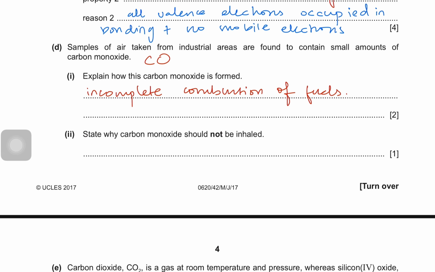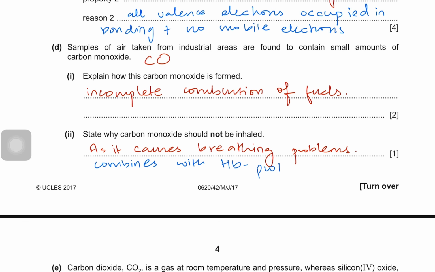State why carbon monoxide should not be inhaled, as it causes breathing problems. How? Because it combines with hemoglobin protein and affects oxygen transport.